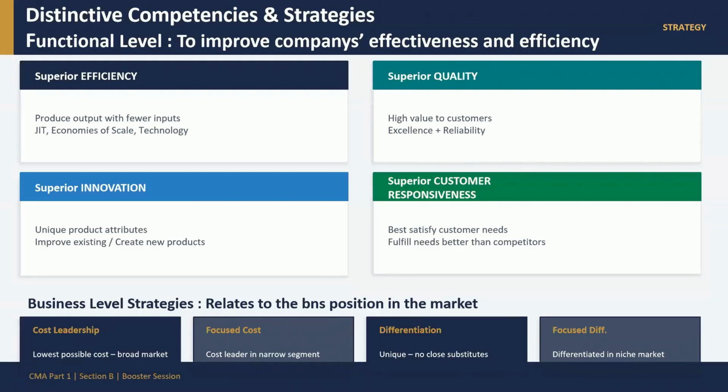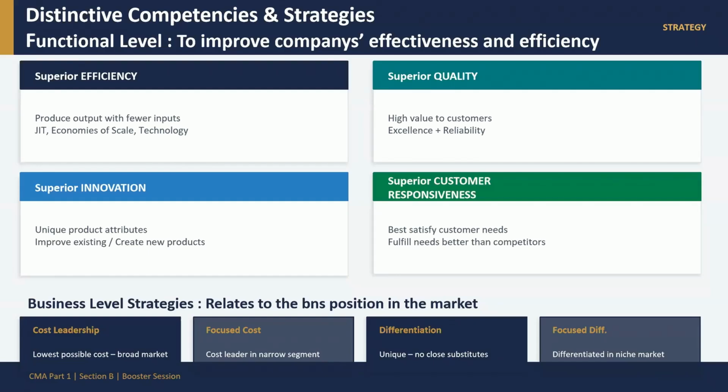Then comes differentiation. Differentiation, in the sense, means uniqueness. Our products have to be the most unique when compared to other products in the market. Can you give me an example of differentiation?